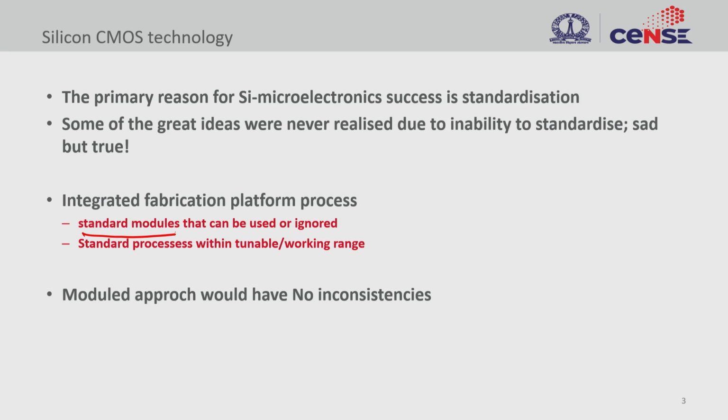So if the line width variation that a standard module gives is about 5%, and if your requirement is 0.5%, then it is impossible to realize whatever design that you have. So it should be in the workable range of that standard process. Everything should be modularized. Unless you make modules out of your process flow, you won't have any consistency. So we have to make sure that there is a module so that there are no inconsistencies in realizing that process.